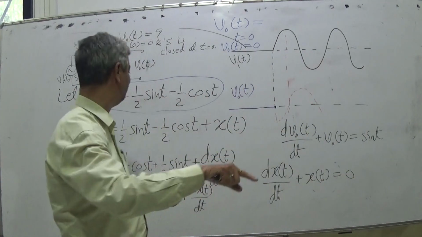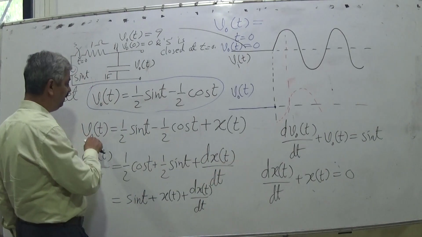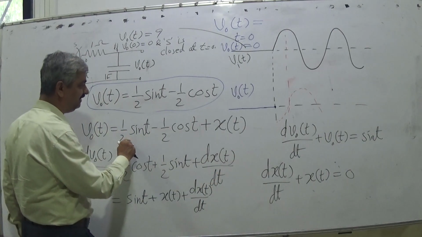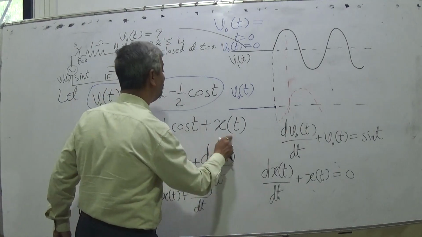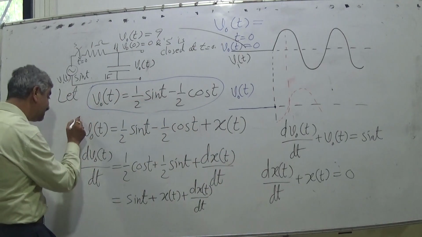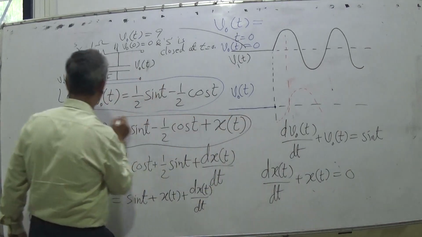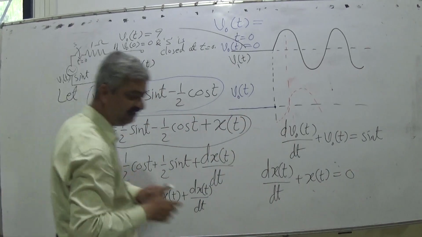And you want that V_o(t) is half sin t minus half cos t plus x(t). This expression itself should also satisfy the initial condition.